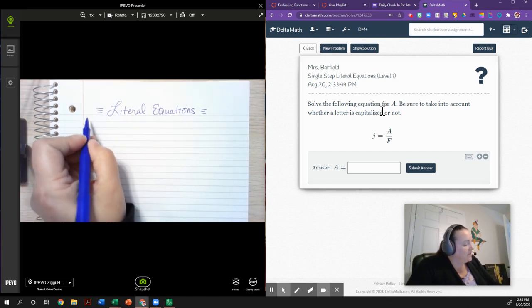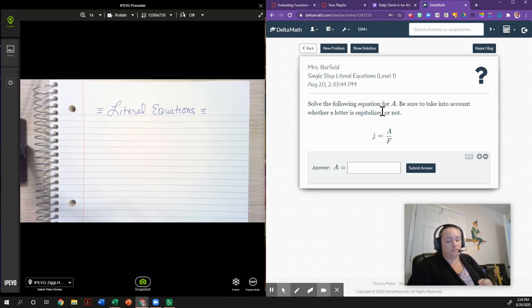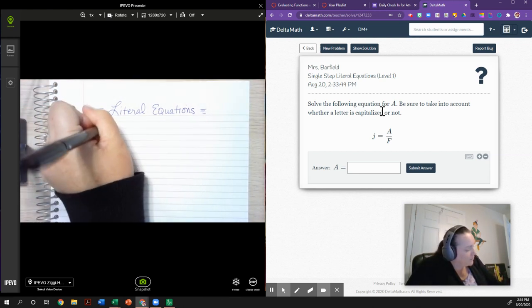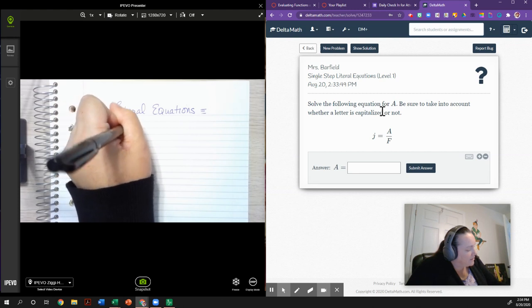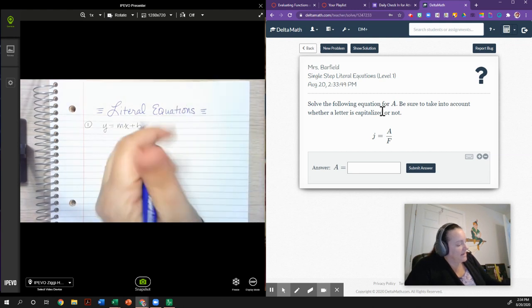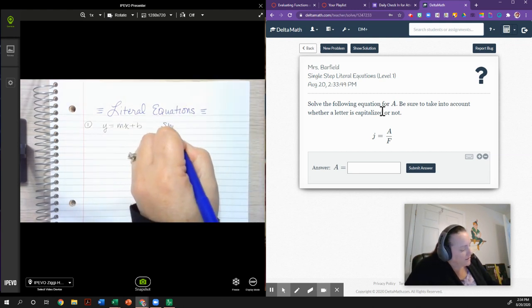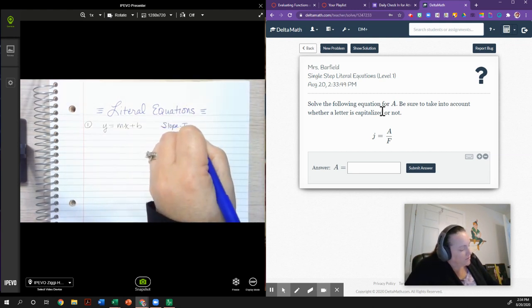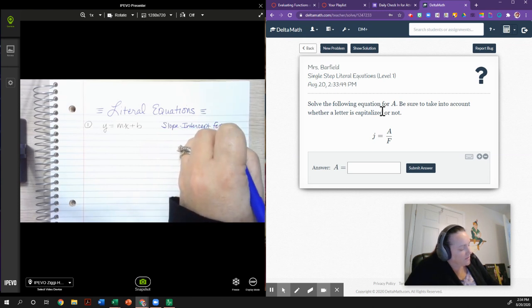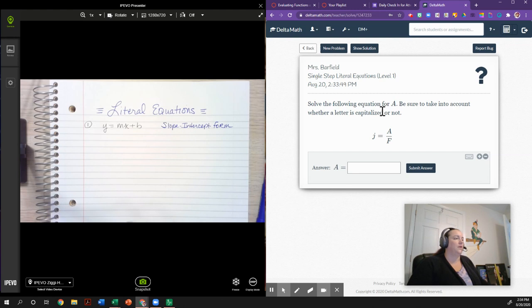So if I were to give you this first formula, y equals mx plus b, you may recognize that as slope intercept form.